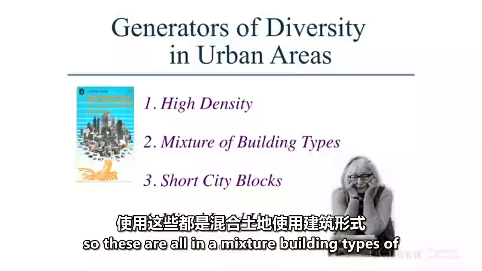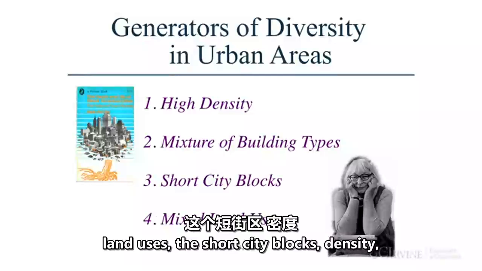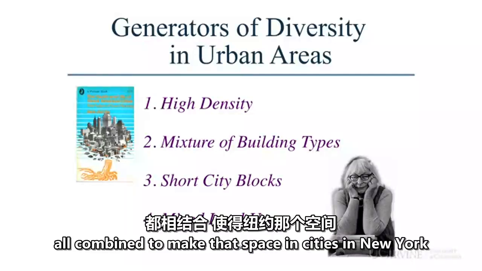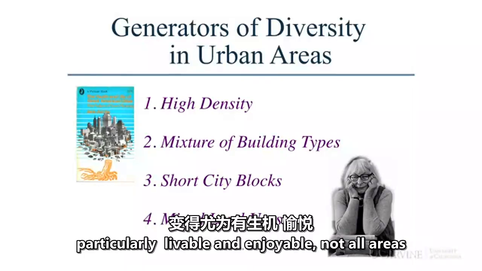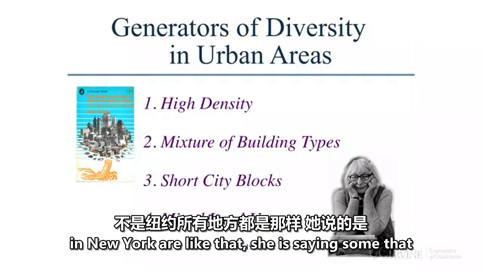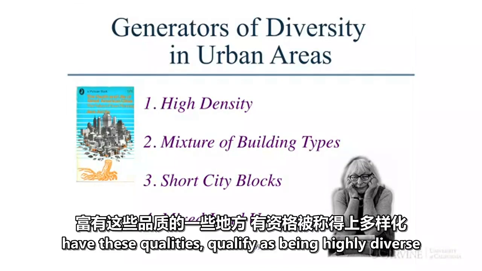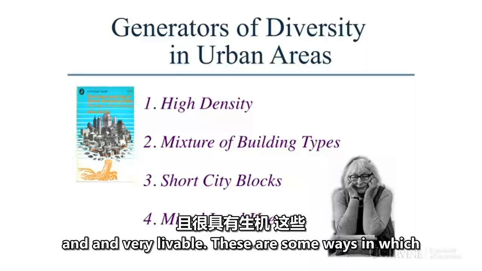So these are all, mixture of building types and land uses, the short city blocks, the density, all combined to make that space in cities in New York particularly livable and enjoyable. Not all areas in New York are like that. She's saying some that have these qualities qualify as being highly diverse and very livable.